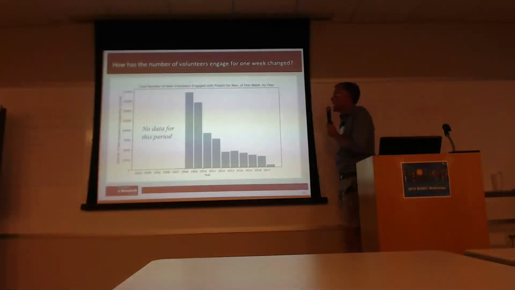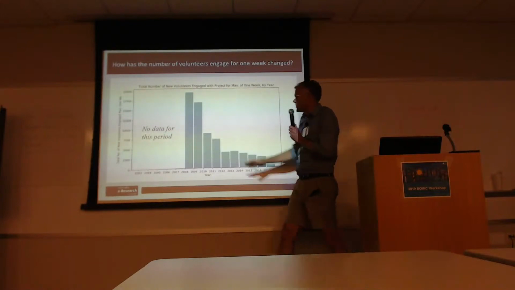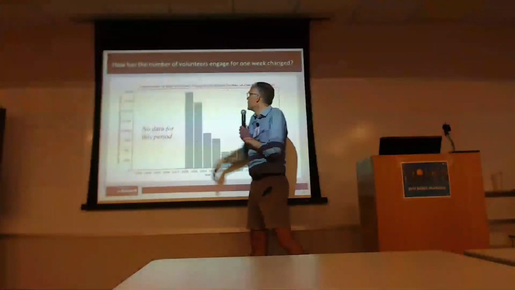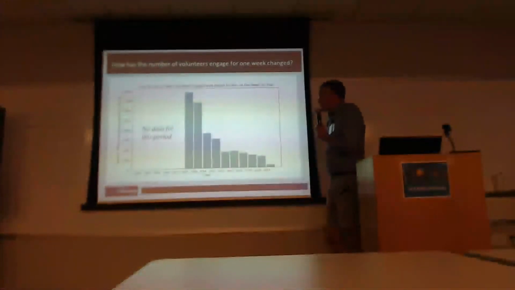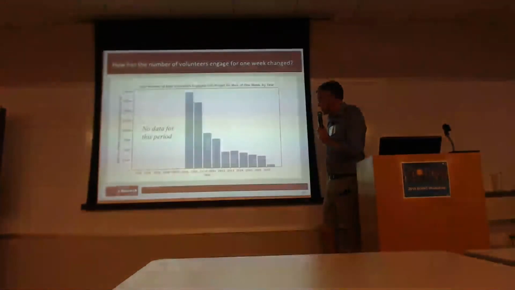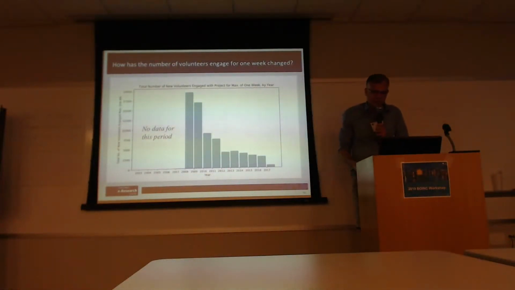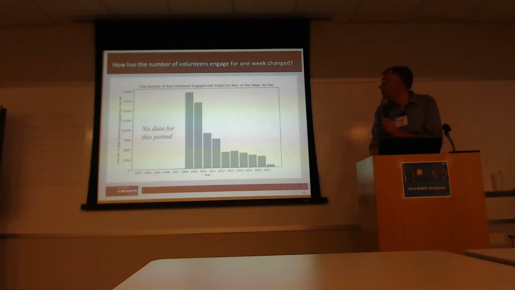We can also look at the number of new volunteers who engage for a maximum of 1 week. There's no data here, I'm afraid, for this part, and that's decreasing with time as the years go by. I don't know what conclusions you can draw from that.